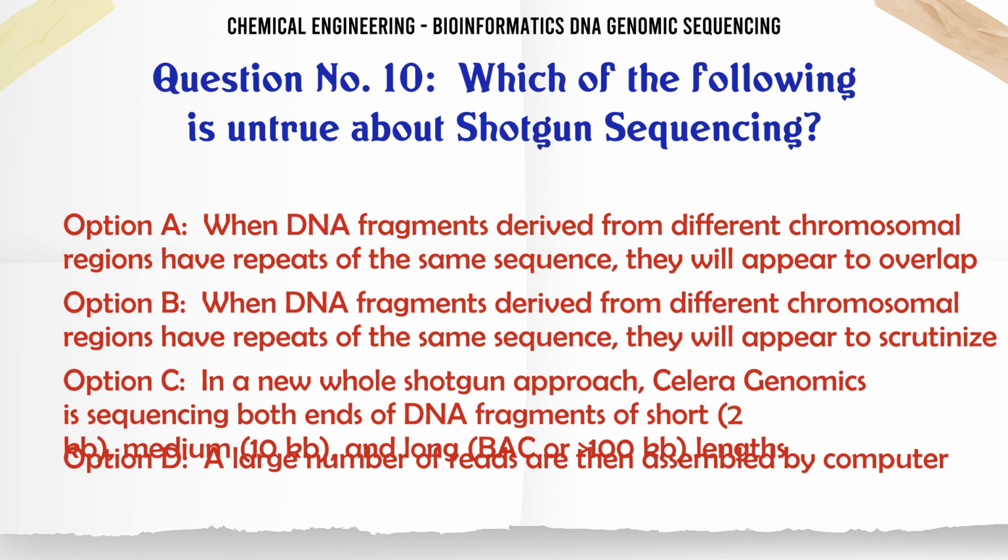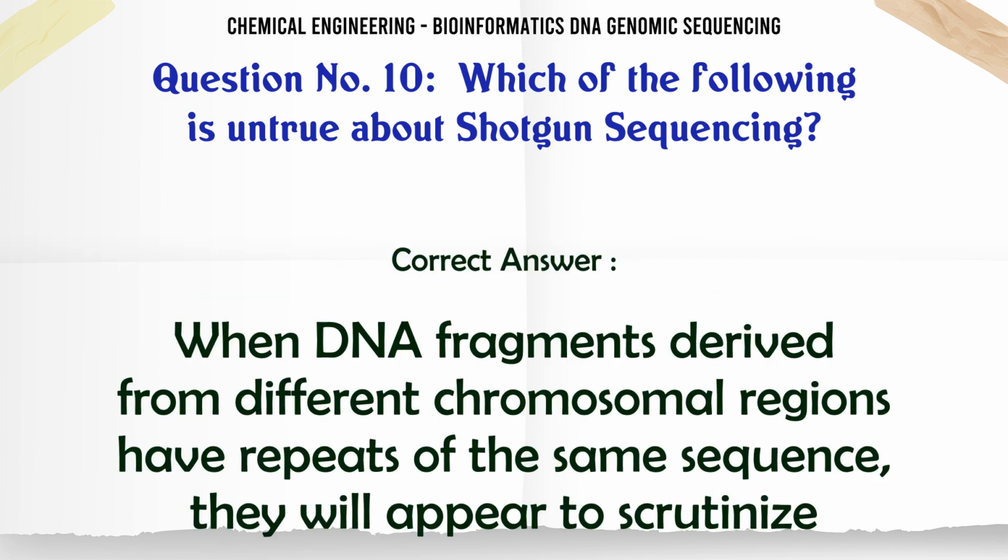C. In a new whole shotgun approach, Celera Genomics is sequencing both ends of DNA fragments of short 2 kilobyte, medium 10 kilobyte, and long BAC or 100 kilobyte lengths. D. A large number of reads are then assembled by computer. The correct answer is when DNA fragments derived from different chromosomal regions have repeats of the same sequence, they will appear to scrutinize.